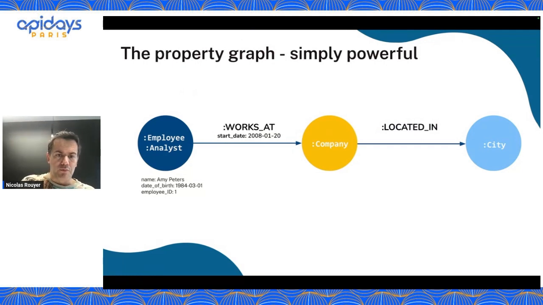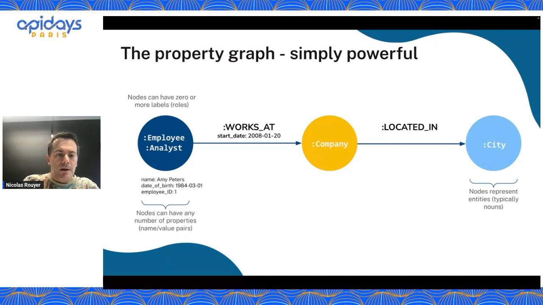So the property graph here, we understand it visually. An employee works at a company located in a city. Well, we have nodes that can have 0 or more labels. Those nodes represent entities: employee, company, city, and nodes can have any number of properties that are key value pairs.